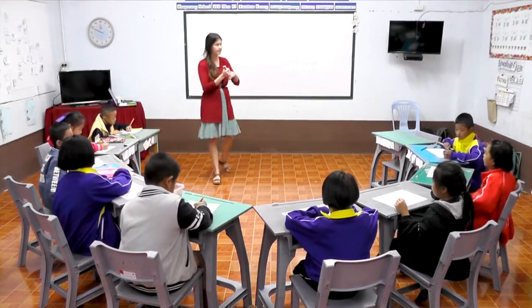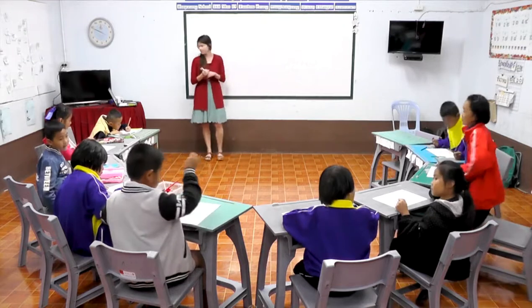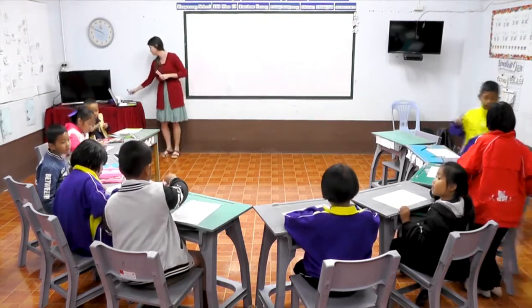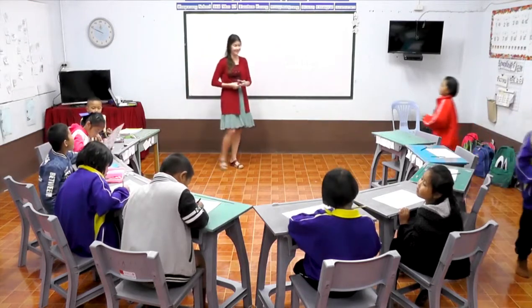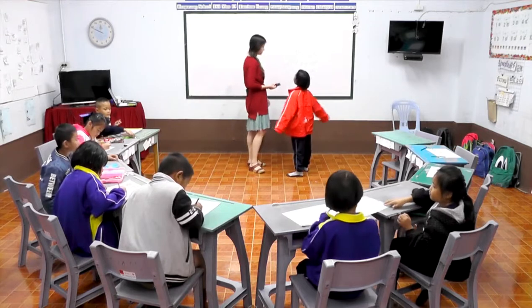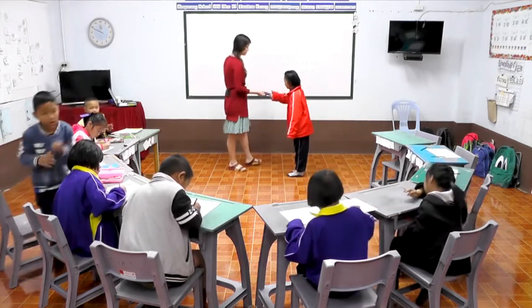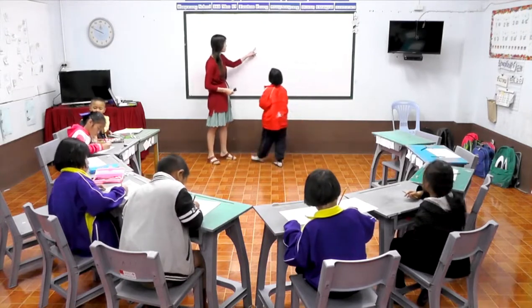Nadia, why don't you come up and help us write out our math problem here? So how many do we have all together? 24. Choose a color and write 24 for us. Okay, so over here you can write 24.